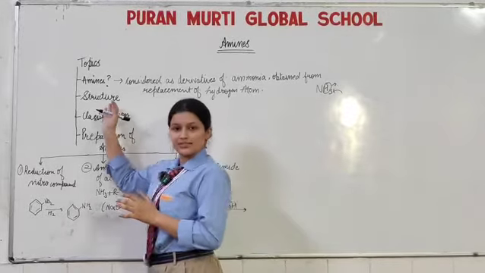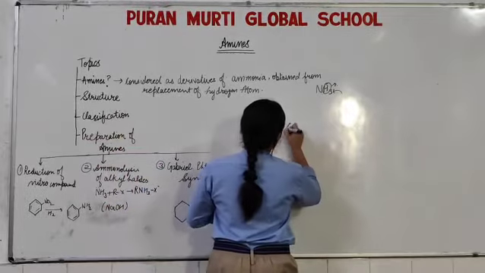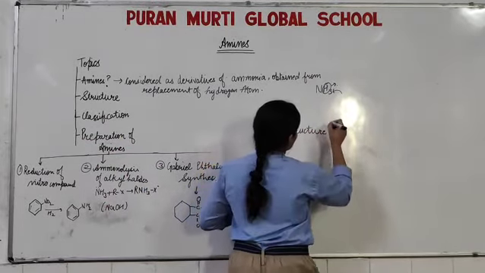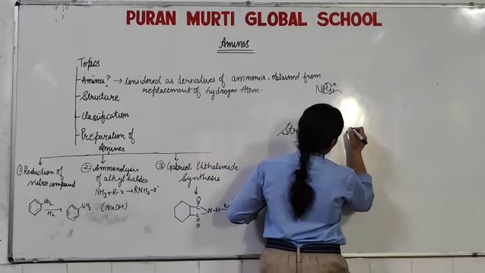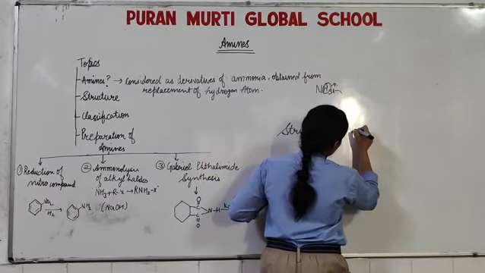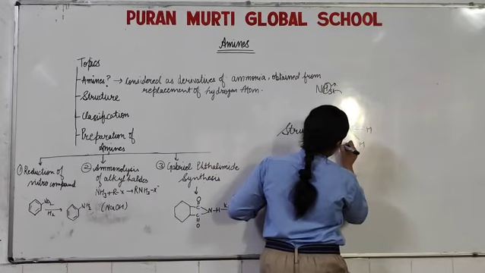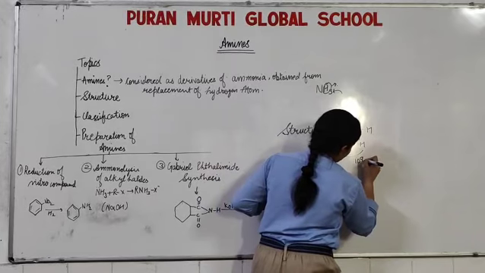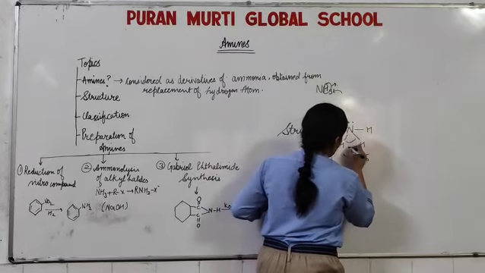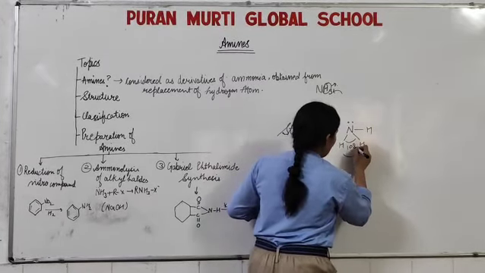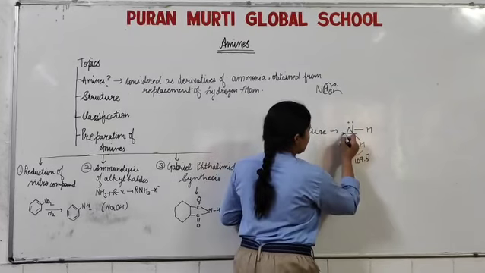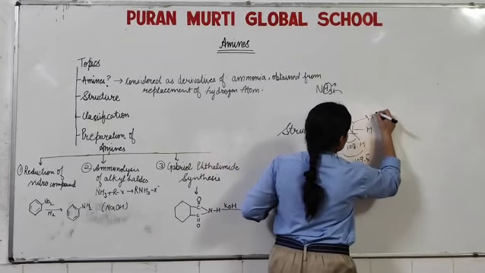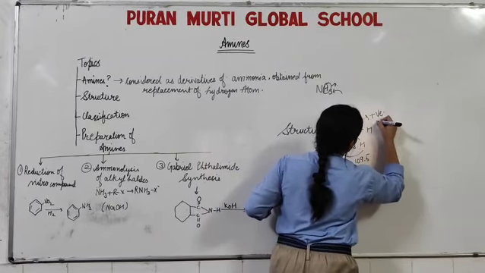Next, let's move to the structure of amines. We have 3 H. The angle between these H should be 109.5, but we have 108. Why 108? Because N is a nucleophile, which means it is a positive loving atom.